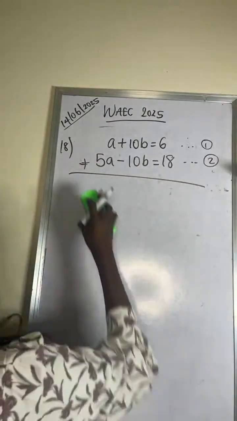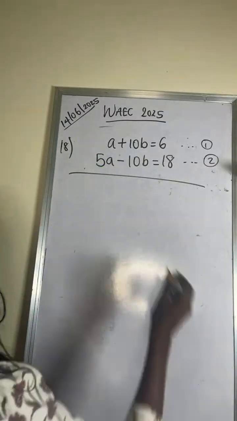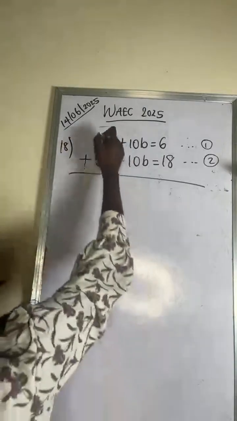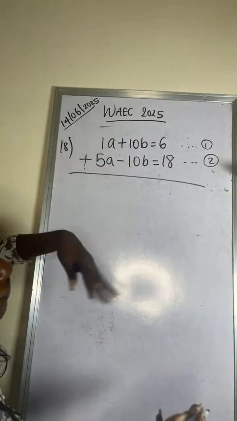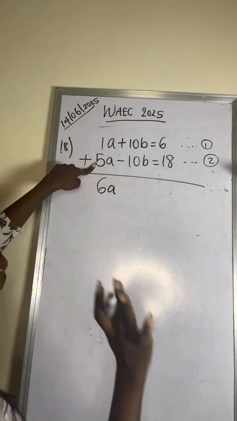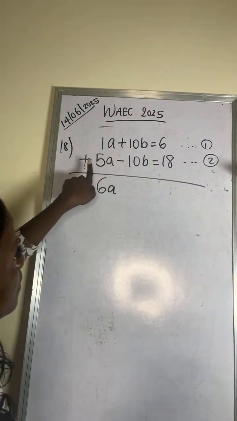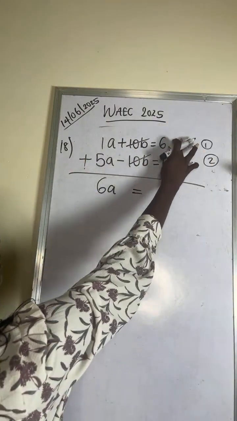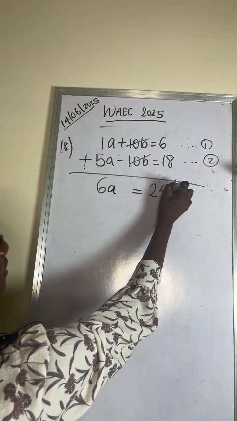I like that. Okay, so a plus 5a, there's always a 1 in front of any letter. 1a plus 5a is 6a. Remember, we just did this. 10b minus 10b is gone. 6 plus 18 is 24.